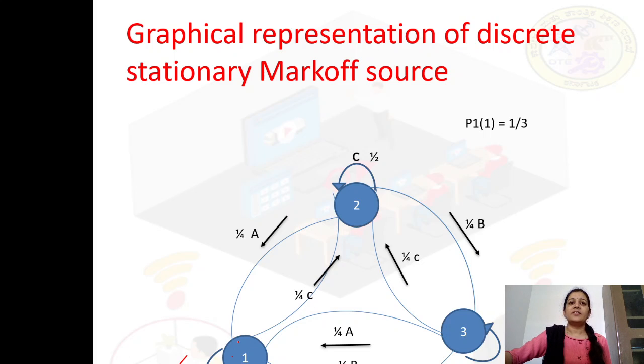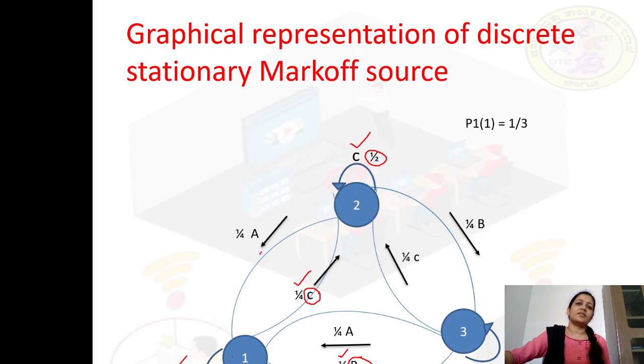Similarly, when it is in state 1, it can make a transition to state 2 with a probability of 1 by 4, and during this transition it will emit the symbol C. Or the source which is in state 1 can make a transition to state 3 with a probability of 1 by 4, and during this transition it will emit the symbol B. Similarly, when it is in state 2, it can come back to the same state with emission of symbol C with a transition probability of 1 by 2.